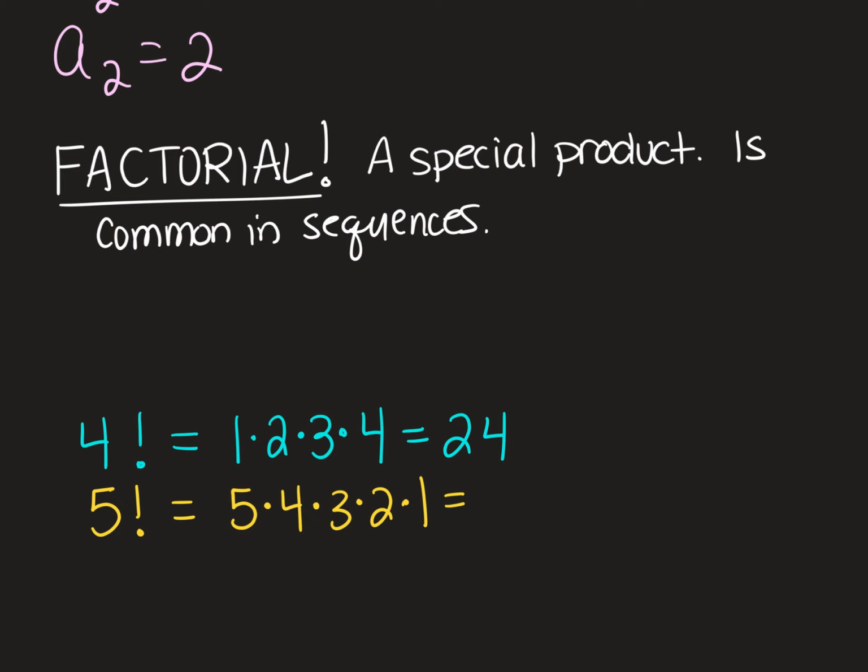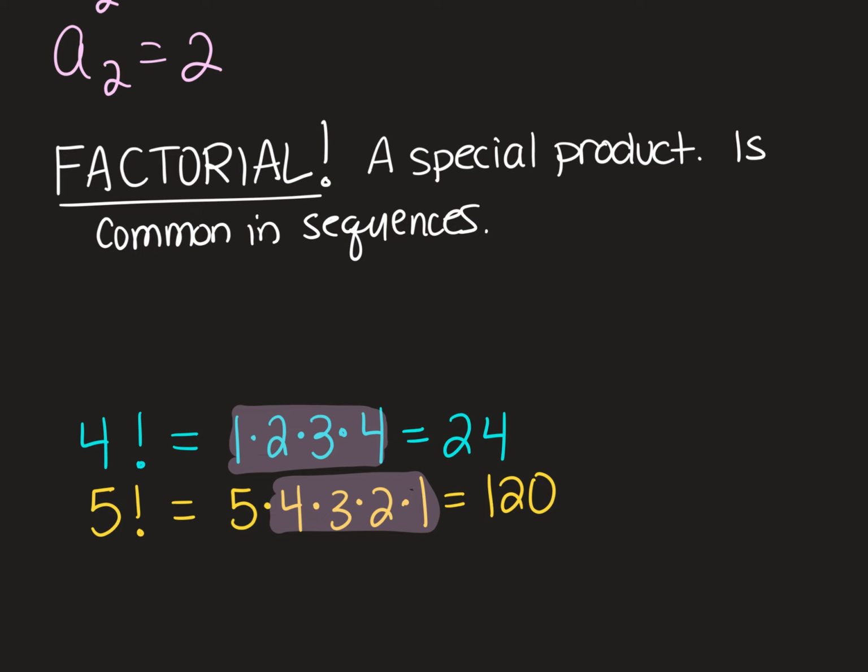Essentially, if you're observant, you'll notice that 1 times 2 times 3 times 4, which we found a moment ago is 24, shows up here. So it really is a type of recursive formula, because all I'm going to do is take that 24 and multiply it by 5. And that's going to give me 120.